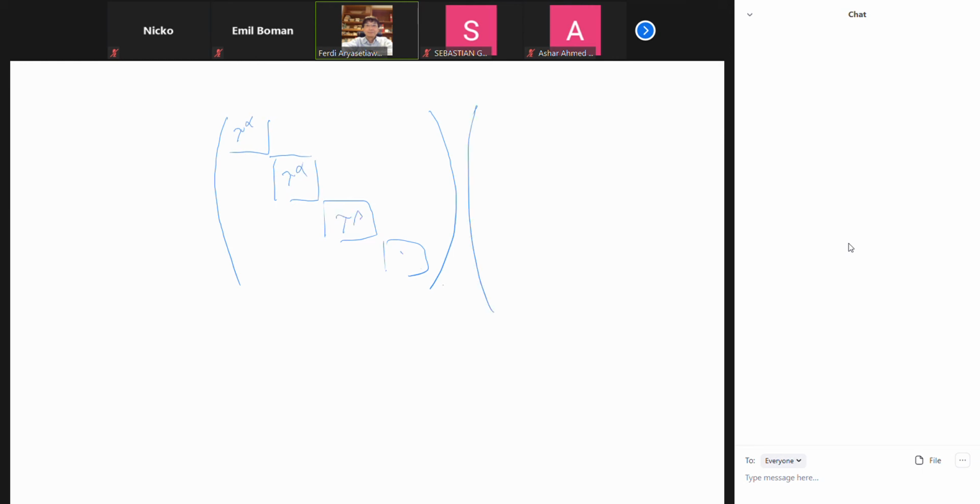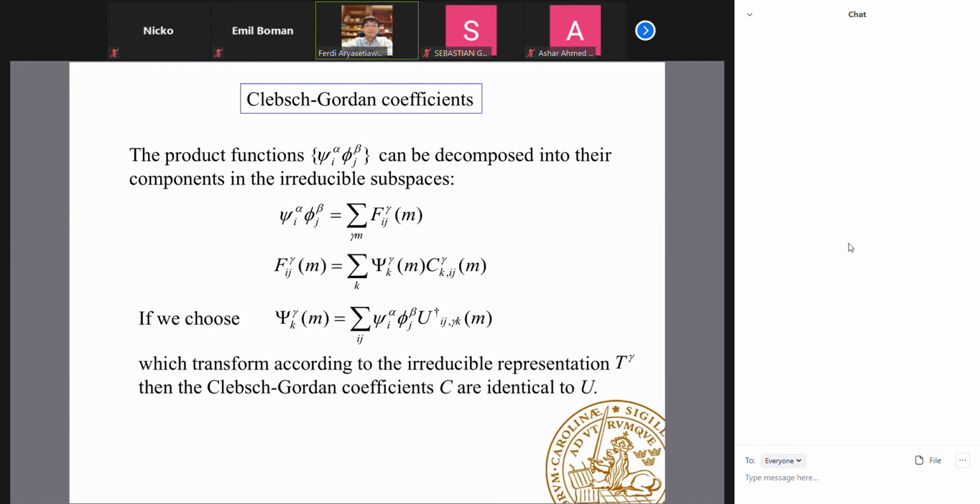So if we look at the subspace, these functions here transform according to the alpha representation, but also this one according to the alpha representation. So if I'm given an arbitrary function, then it can be decomposed into the same irreducible representations several times. This is what we mean by this M here.